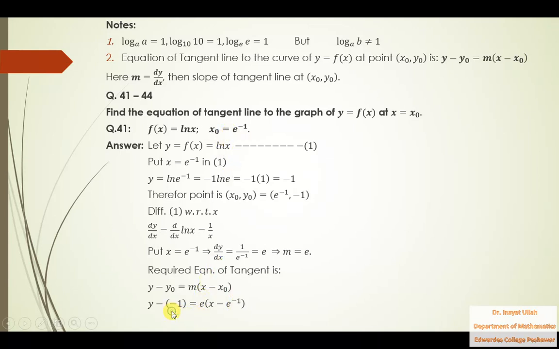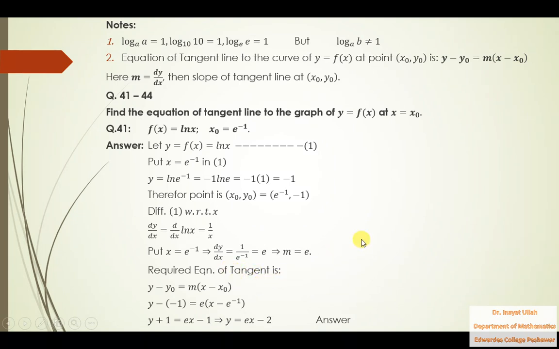And now simplify this equation, minus minus plus, multiply e inside, so that will become ex minus e times e inverse, so that will be e power 0, and e power 0 is 1. And shifting this one towards right side, that will become minus 1, minus 1 is equal to minus 2. So y is equal to ex minus 2 is the equation of tangent line.